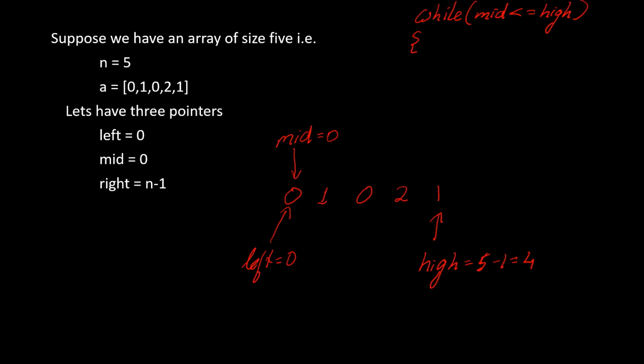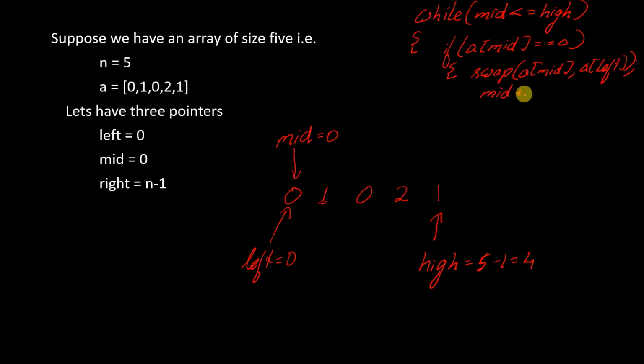Now the first condition is if array of mid is equal to 0. So here we have to swap array of mid with array at left, and we have to update both pointers, that is mid plus plus and left plus plus.